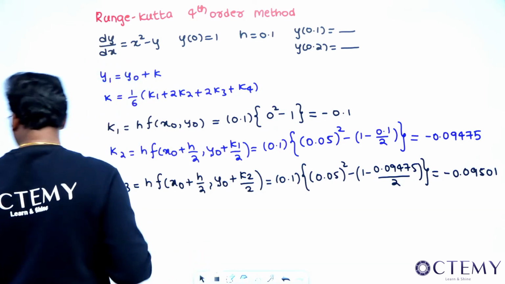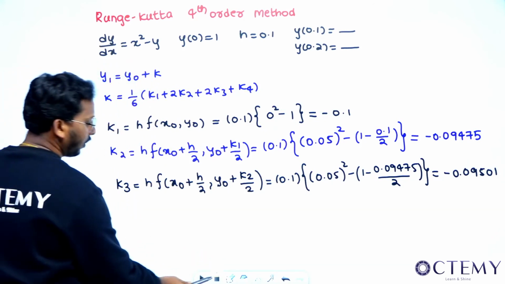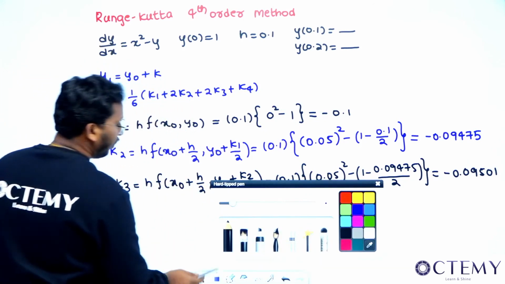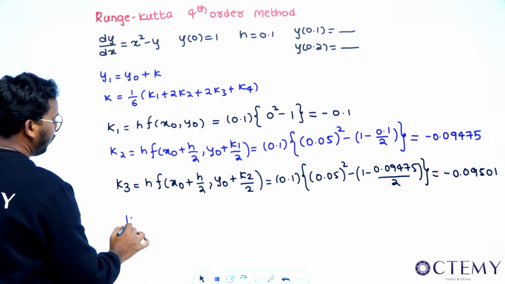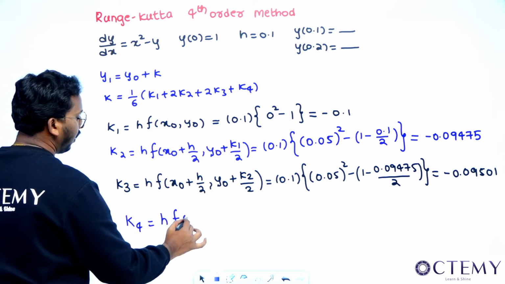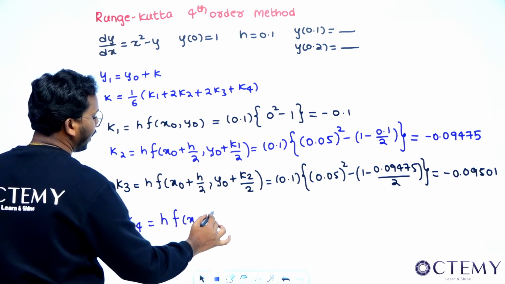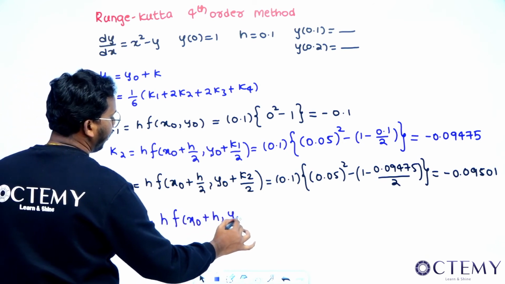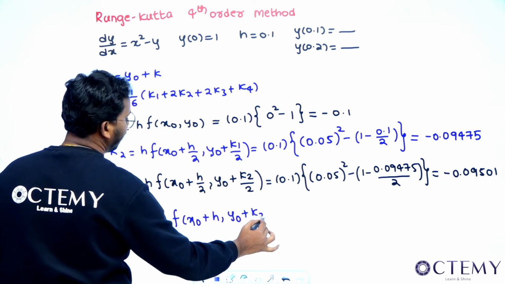Right? Next, let us find K4. If I want to find the value of K4, that will become h times f of x naught plus h, comma y naught plus K3.